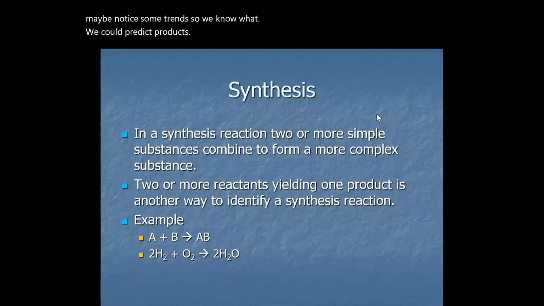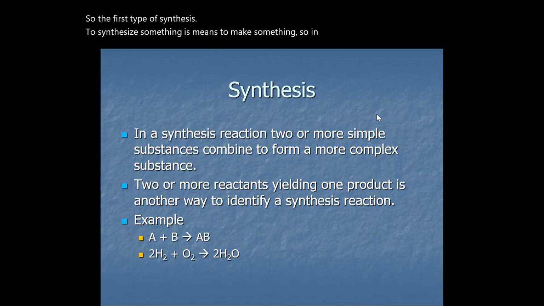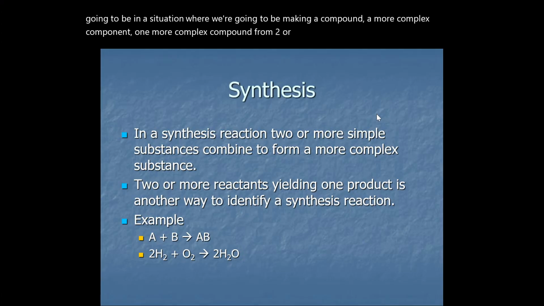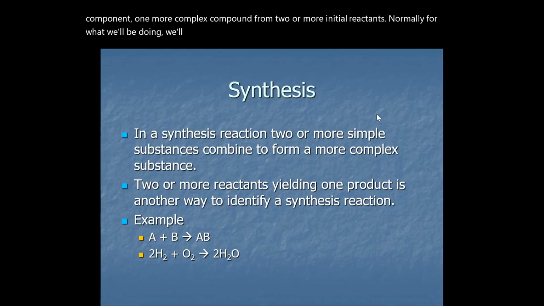So the first type is synthesis. To synthesize something means to make something. So in that same mindset, here we're going to be making a more complex compound from 2 or more initial reactants. Normally, for what we'll be doing, we'll take elements themselves and combine them to make a compound.